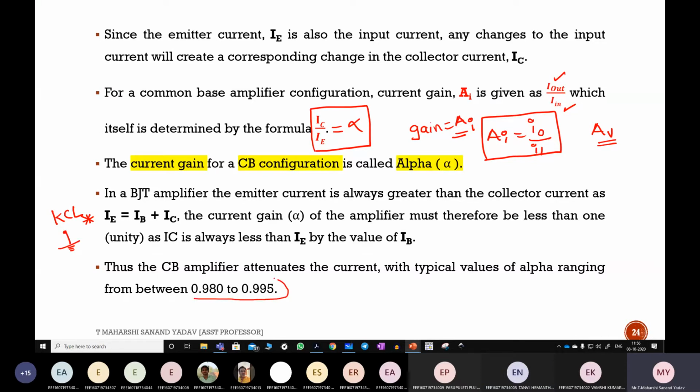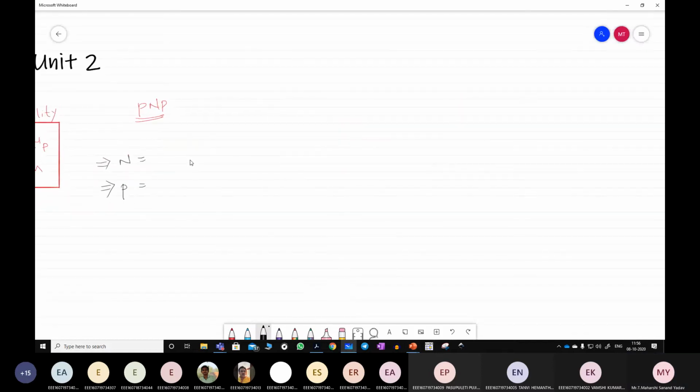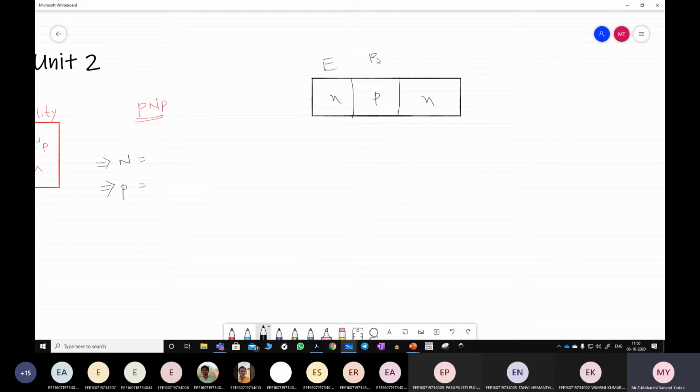And how did I get this? The diagram. I'm considering an NPN transistor. So this is N, P, and this is N: emitter, base, and collector. As this is common base configuration, I am connecting the base to ground.